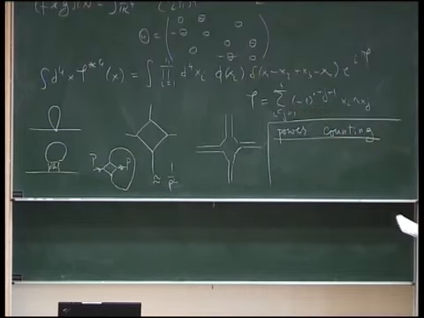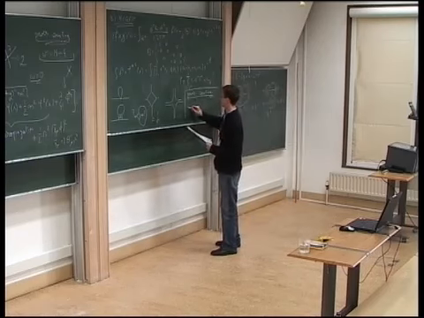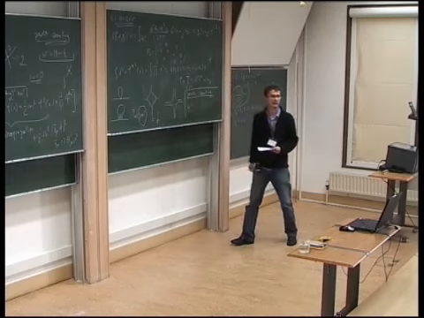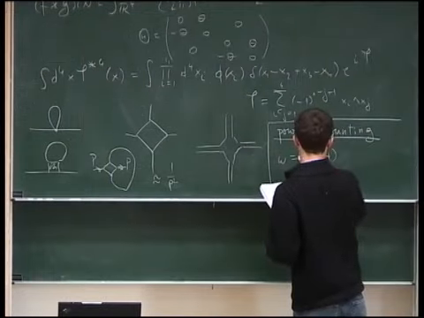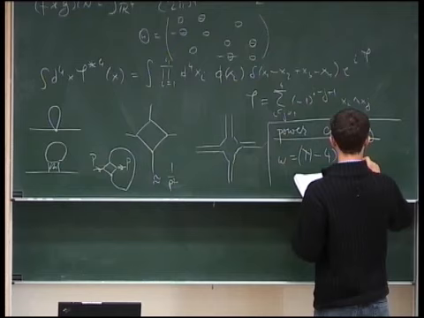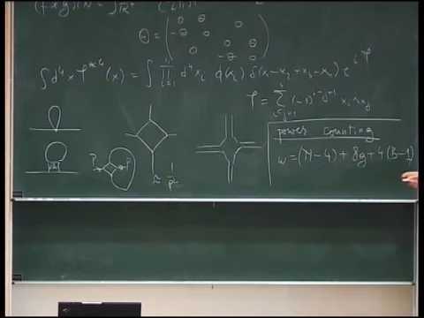One can prove, using various methods which I'm not going to go into in detail here, that this superficial degree of divergence is equal to n minus 4, as before, plus some other contributions from the genus of the graph, as shown here, and from the number of broken faces, as also defined on this blackboard.